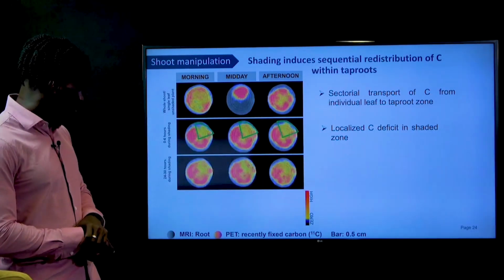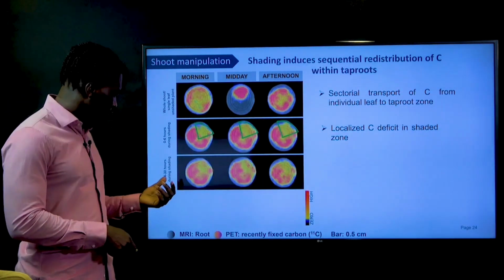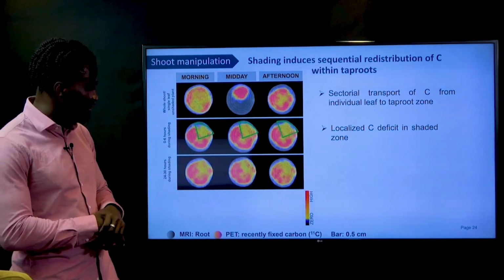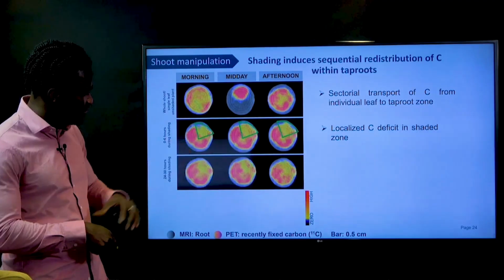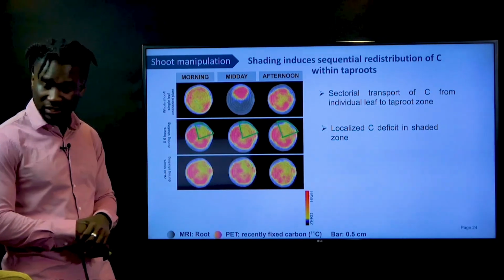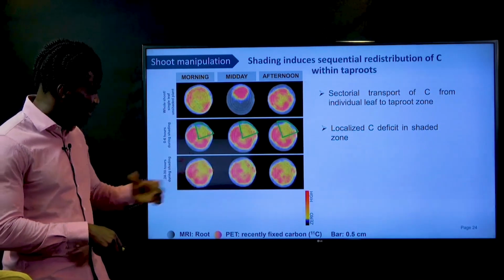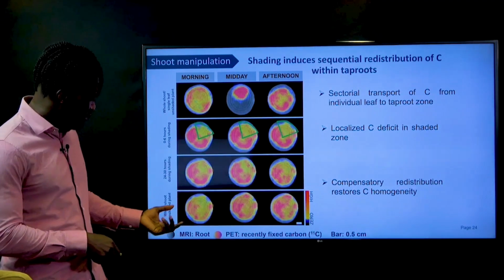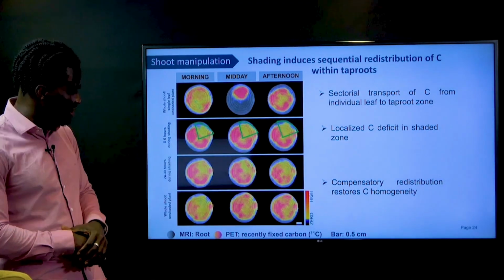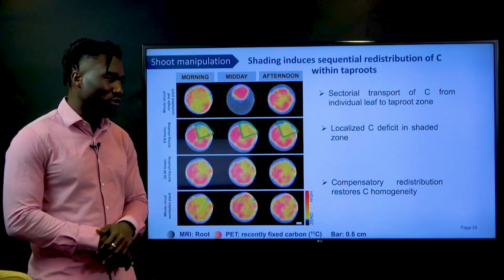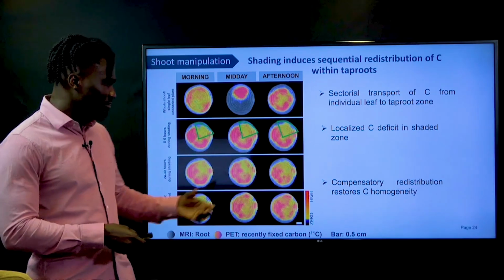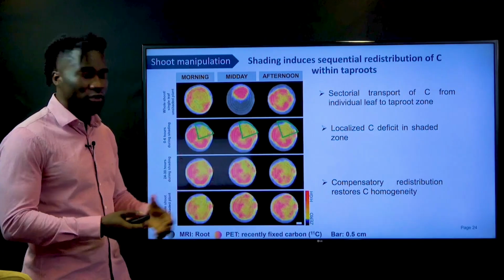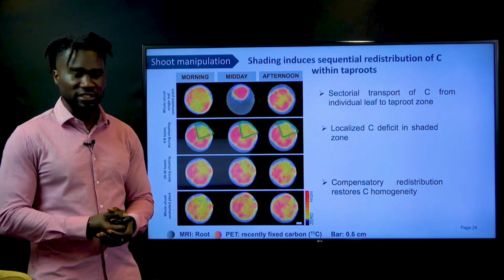But with continuous monitoring, 24 to 30 hours during shading, we observed that these sectors that were deficient in 11C began to be filled with a good amount of 11C intensity, which resembled the distribution pattern of an unshaded plant. Therefore we could conclude that there is a compensatory redistribution of 11C to restore carbon distribution upon shading.